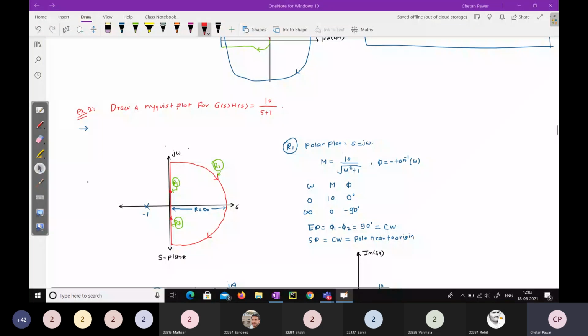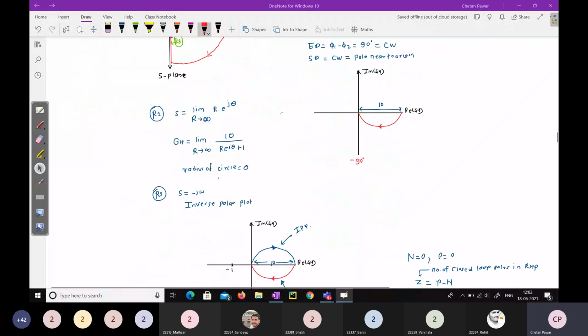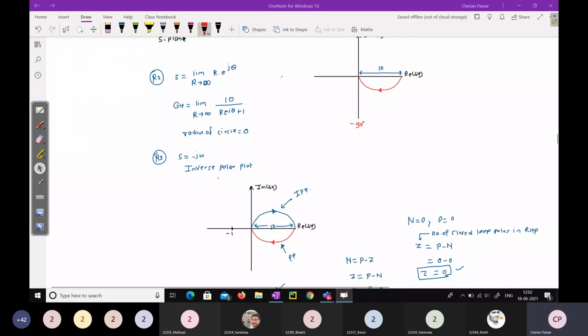If you want to determine the stability, you just need to check the encirclement about the -1 point. How many encirclements about the -1 point are there? There are no encirclements, so I can say that N is equal to 0.